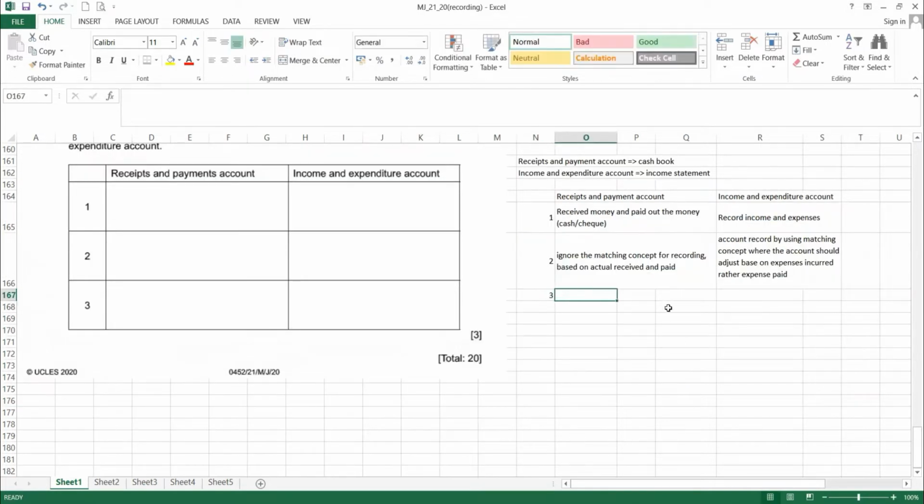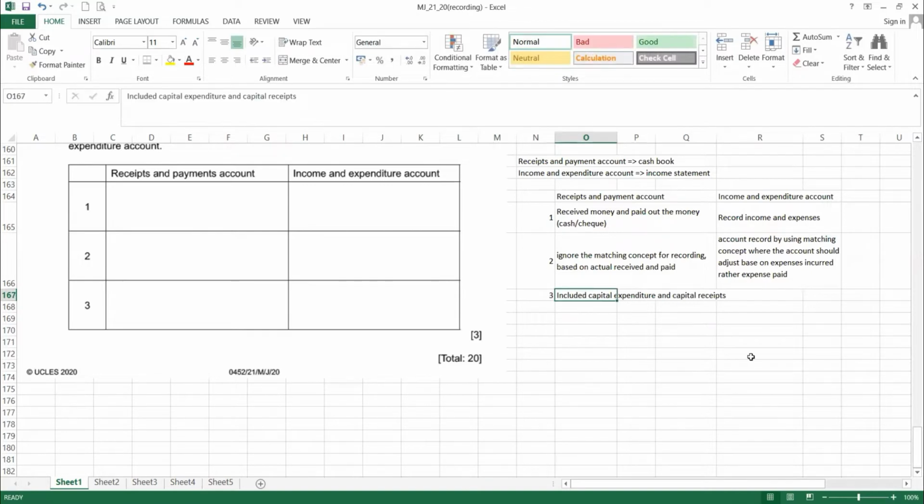What else can we think of? Included capital expenditure and capital receipt.